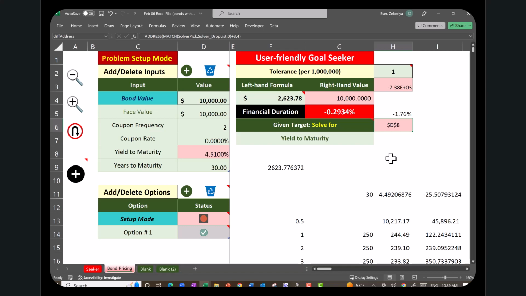You can summarize that ETF as having a duration of 54. Duration of 54 means if interest rates went up by 10 basis points, you're going to lose 5.4% of your investment. Okay? That's what that means. On the other hand, if interest rates went down by 10 basis points, you're going to make 5.4.